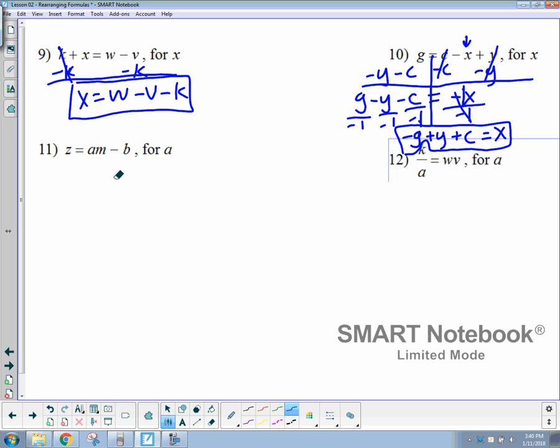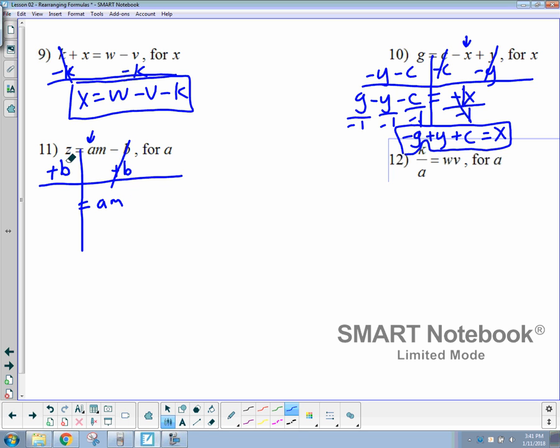So for number 11, solve for b. Okay. So let's see here. Let's get rid of the b first. So plus b. Draw your line. B's cancel. Bring down the am. Equals.